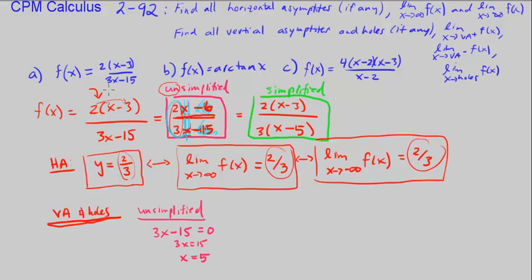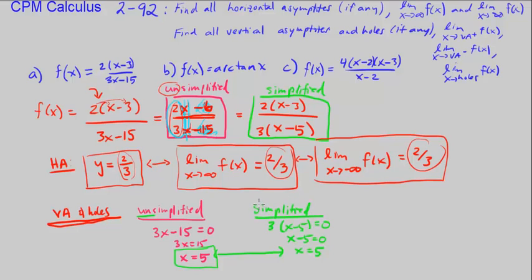Right? Our simplified version, we still have 3 times x minus 5 equal to 0. Divide both sides by 3. We get x minus 5 equals 0. Add 5. x equals 5. Okay, so they are the same, which means we do not have a hole. These are all the places in the unsimplified version where our function is going to be undefined.